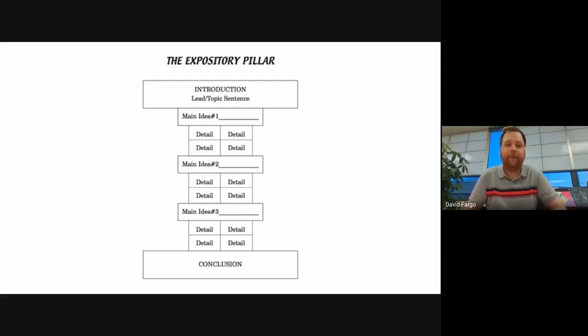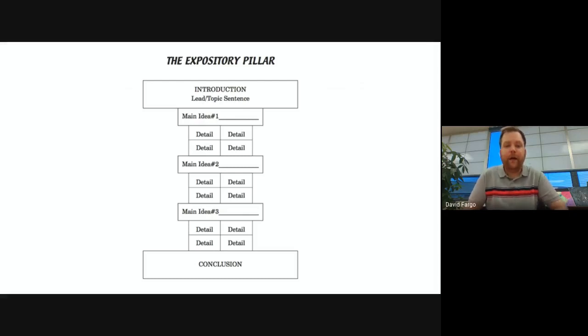Sometimes in the lead sentence, you can also mention the why or the how. But all expository writing has some sort of an introduction. When you're writing an essay, you have a topic sentence where you introduce what your topic is, a little bit of a hook, and then you tell the reader what the essay is going to be about.